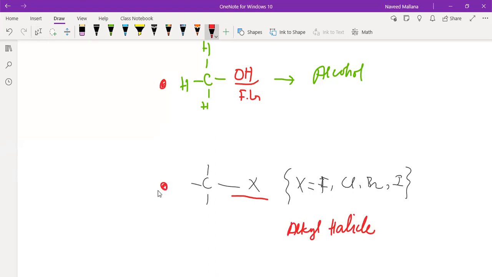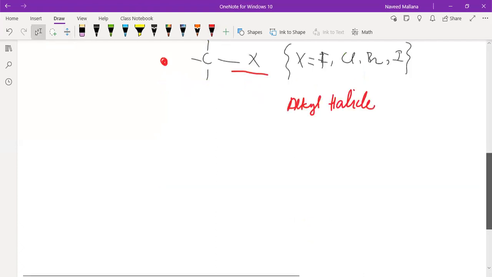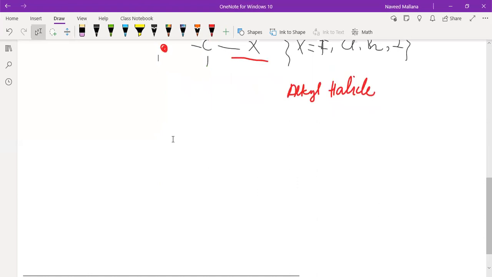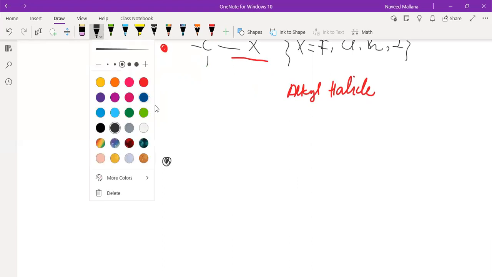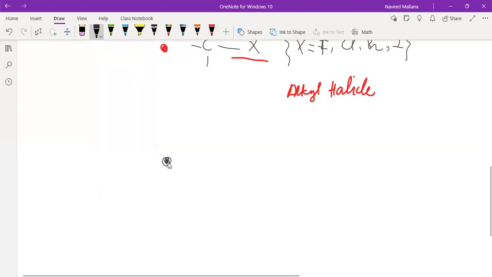This was our first example. This is the second example. Now we see another example, that is group of atom. Number 3, this is basically carbon single bond, single bond.